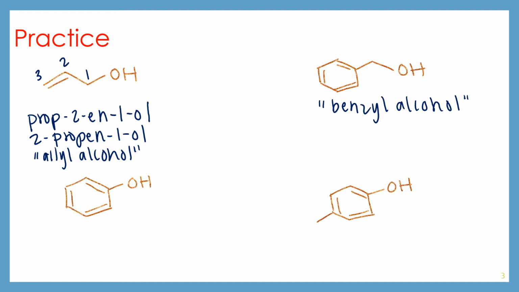But if you were to name this in the IUPAC nomenclature, the methanol portion is actually the most important thing, and then this becomes a phenyl substituent because it will no longer include this carbon. And so the IUPAC name for this is actually phenylmethanol, all one word.